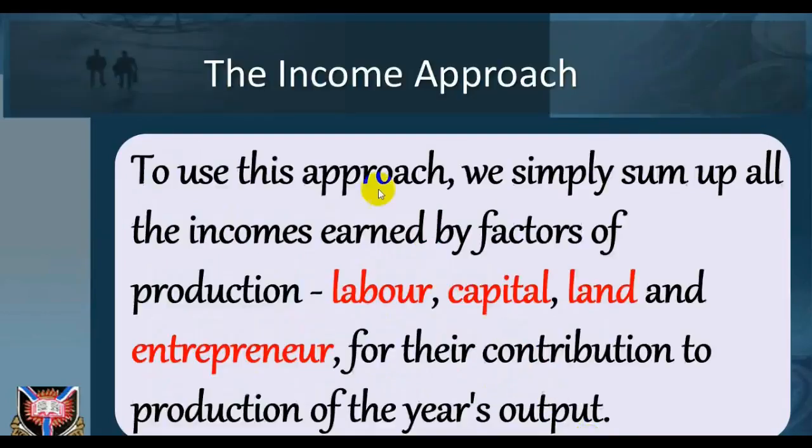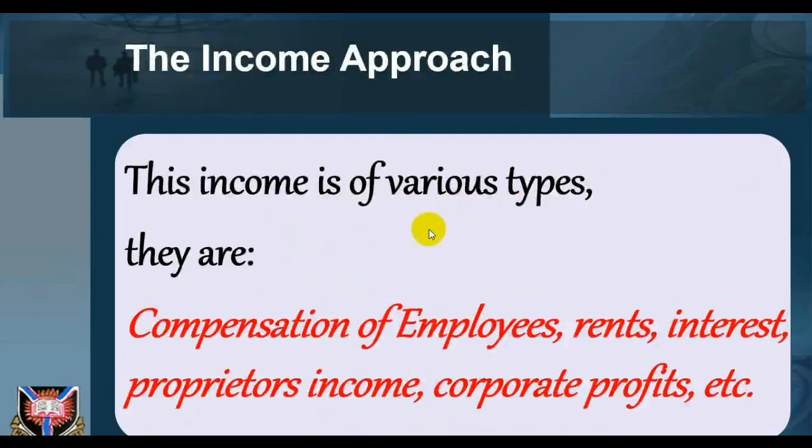The income approach. To use this approach, we simply sum up all the incomes earned by factors of production, that is land, labor, capital, and entrepreneur, for their contributions to the production of the year's output. This income is of various types. They are 1.